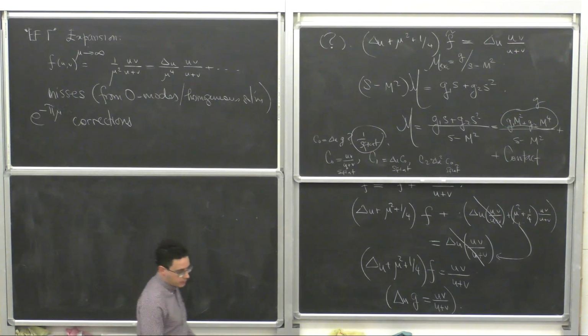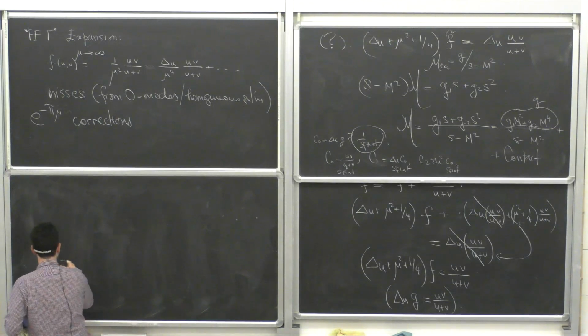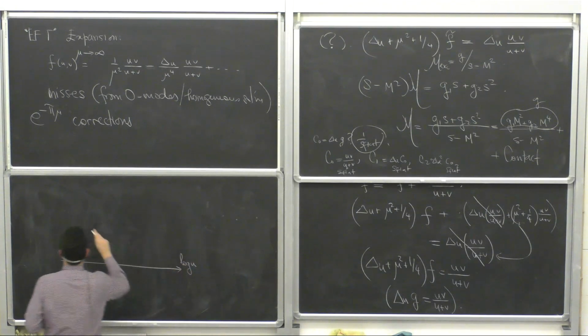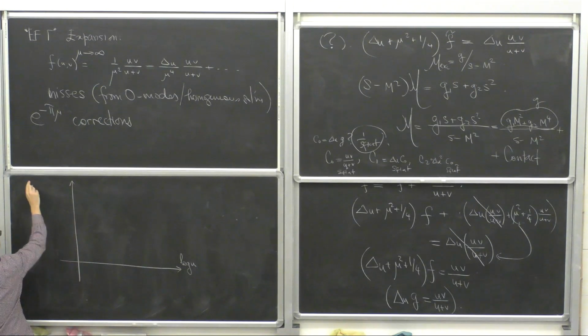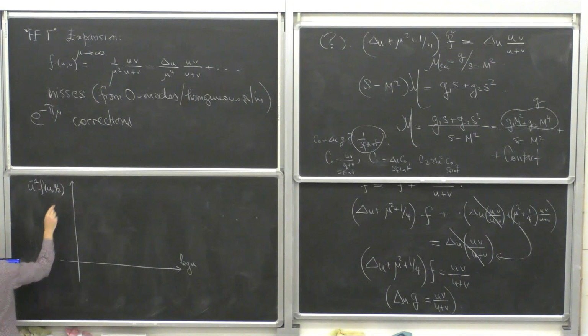You can plot something like this. Log U, and just to rescale so that things look nice, I'm going to keep V kinematics fixed. I'm going to work at fixed V just to show you.